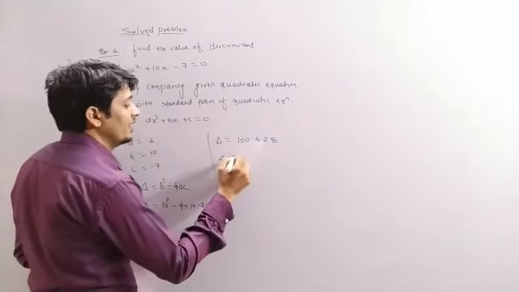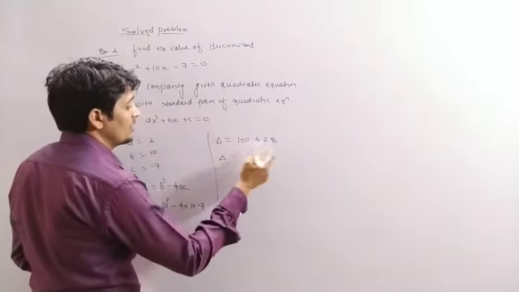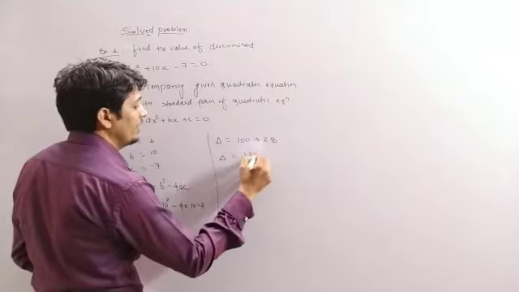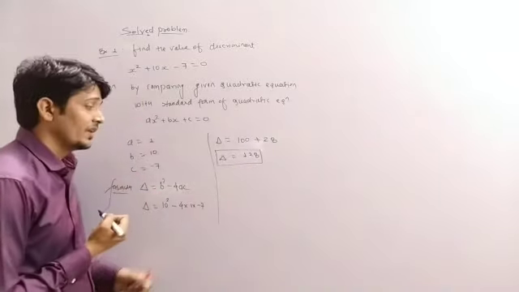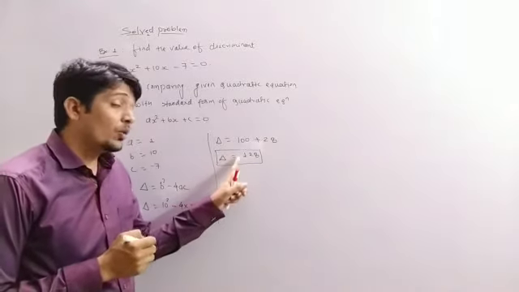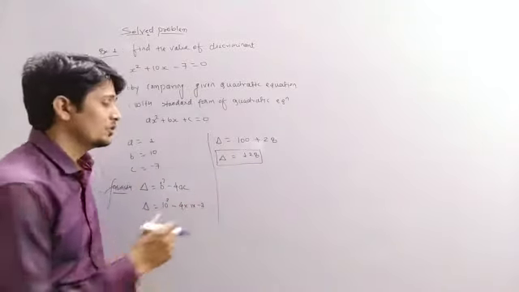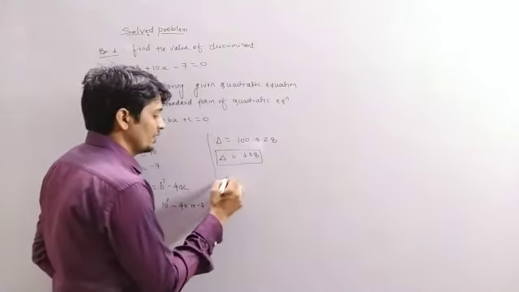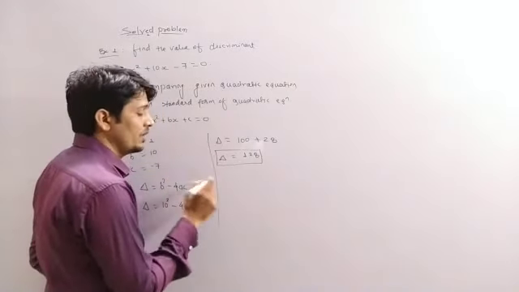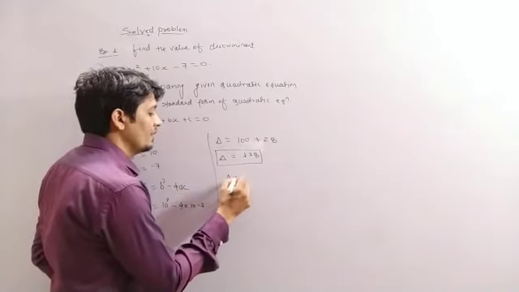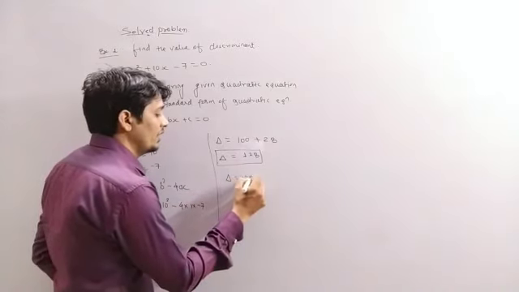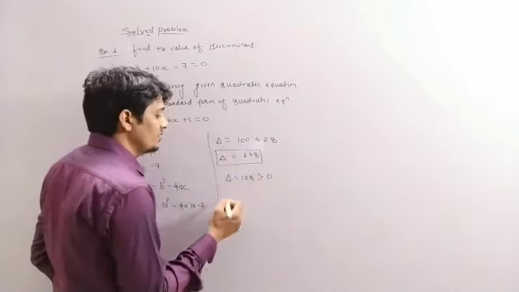So delta equals to 100 plus 28, 128. See, this is the value of discriminant. And it is positive, that means it is greater than 0. So delta equals to 128, which is greater than 0.